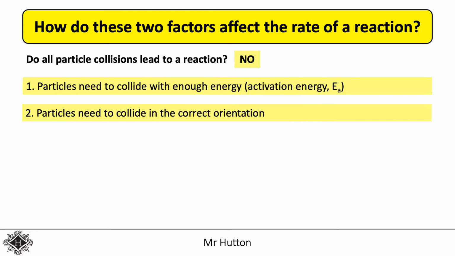Now the reason for that is because those gas particles, the methane, are actually colliding with oxygen in the air. They're colliding in the right orientations, they will be bumping into each other in the right way, but they don't have enough energy. They haven't got the activation energy, and that's the reason why we as scientists have to actually light the gas.